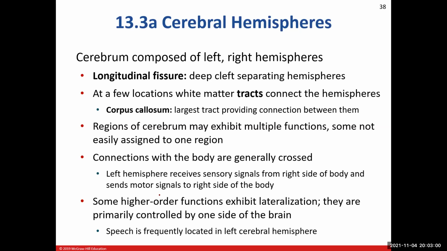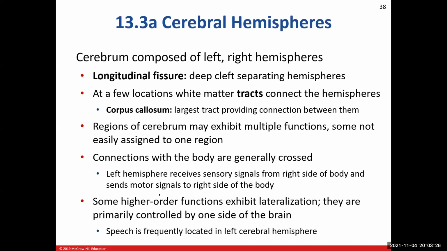So the cerebrum will have multiple functions throughout specific areas of the cerebral hemispheres. For example, speech is normally going to be seen on the left side of the left cerebral hemisphere. In most people, not in everybody, but in most people. We call that cerebral lateralization. We talked about that before.